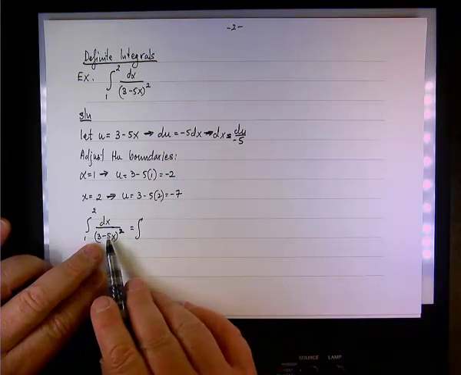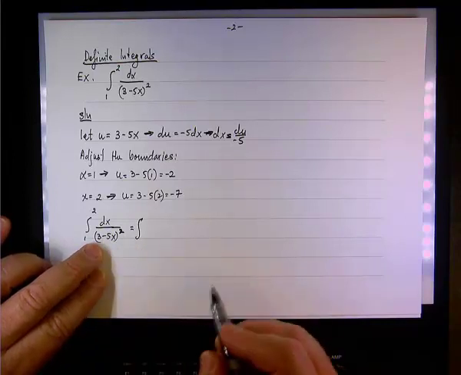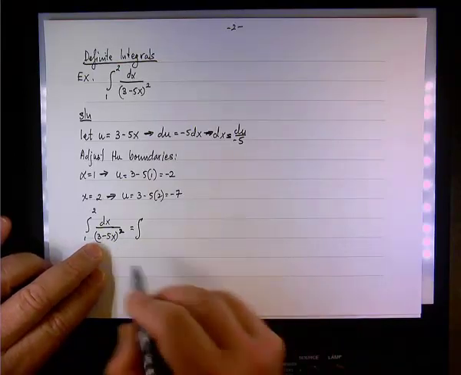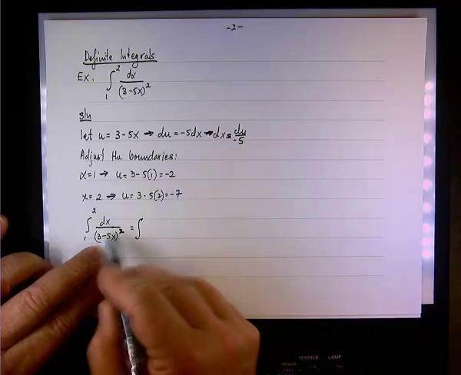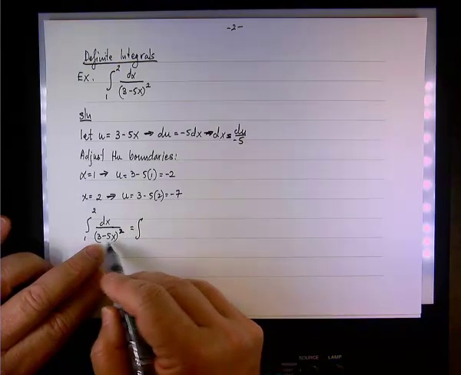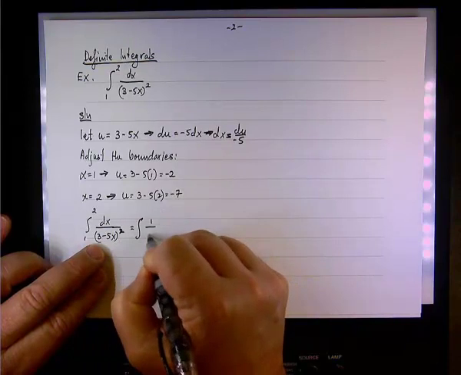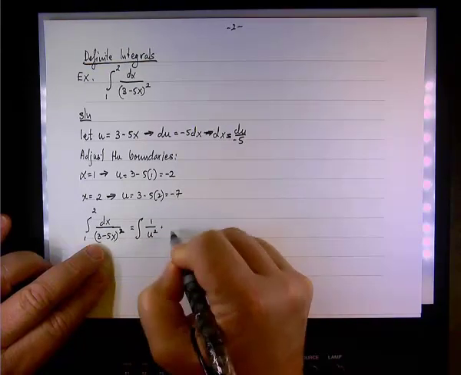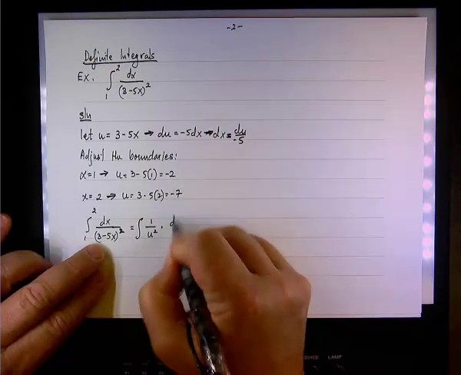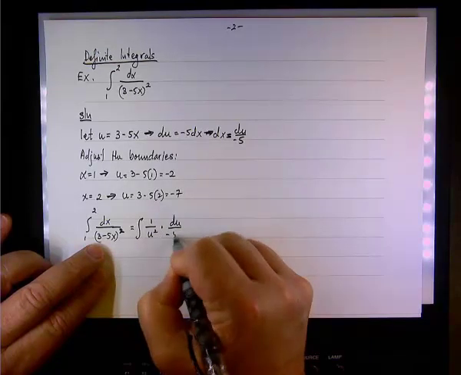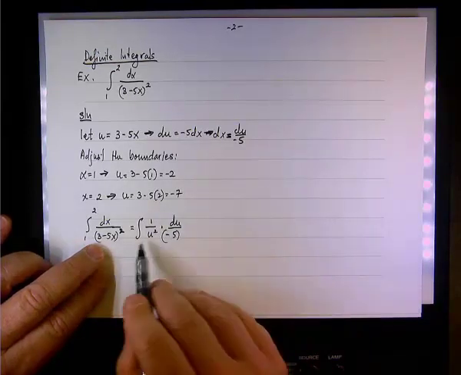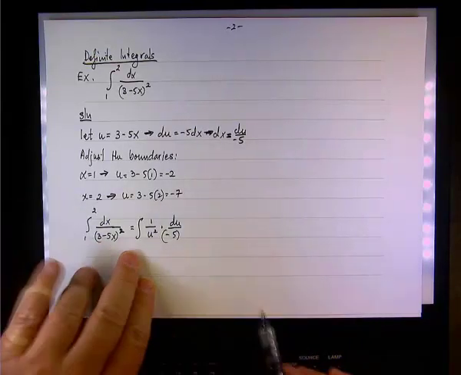The integrand itself is 1 over u squared, so we're going to write it as 1 over u squared. And here we have du over negative 5, like so. So we substitute everything except the boundaries.